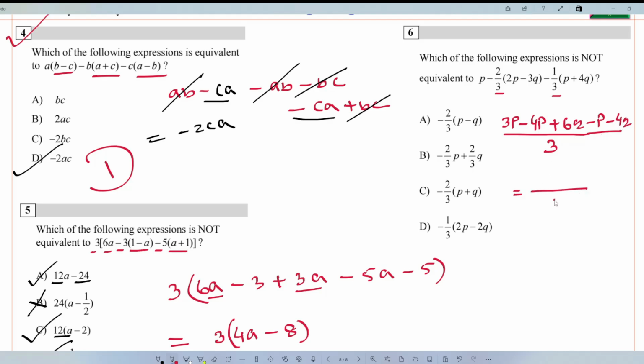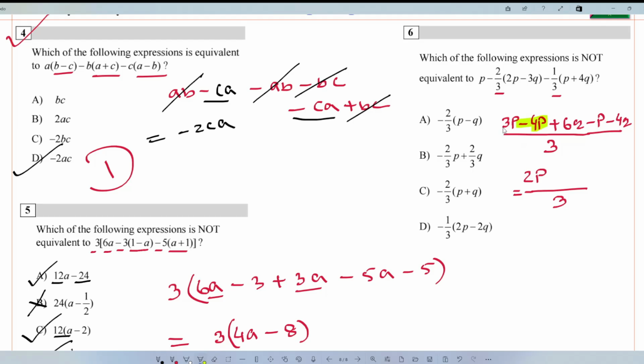Okay, so what will be the answer? Here the denominator is 3, so 3p and minus p, it will be 2p. Then here is also another thing. Look, we already have minus 4p.